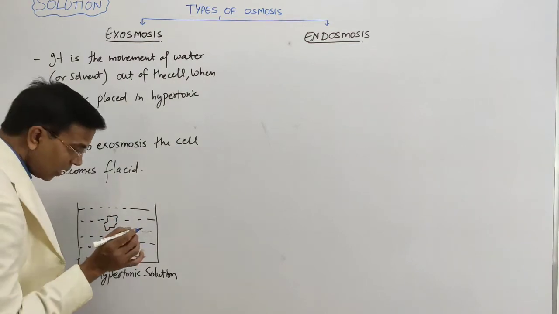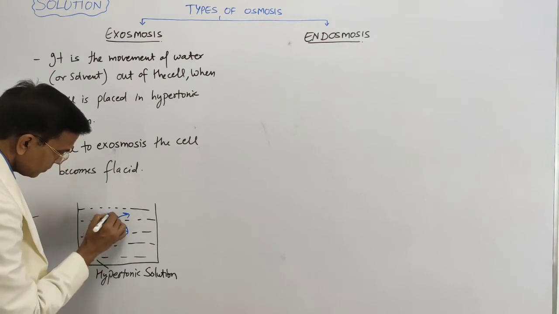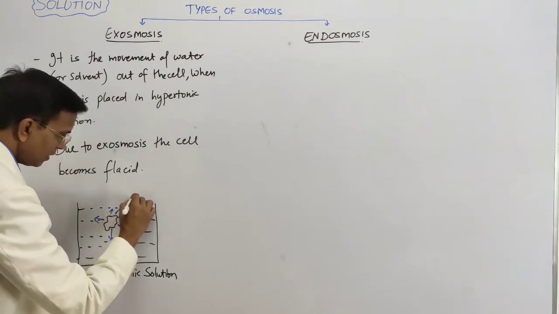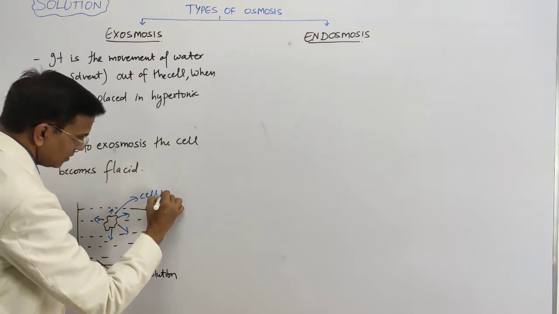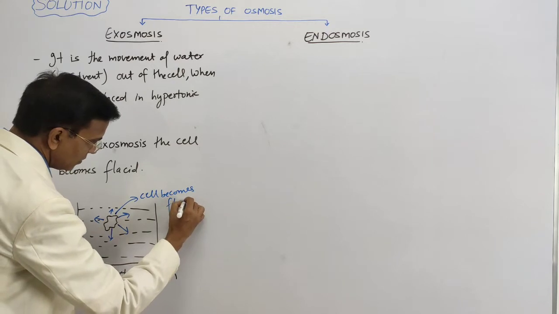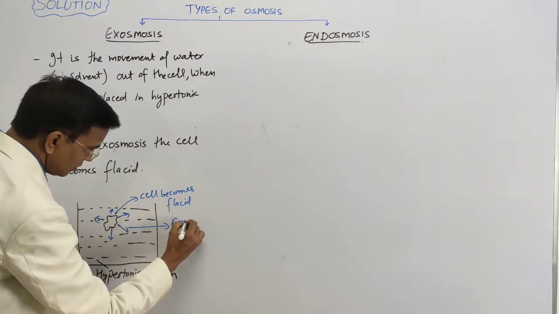So the flow of water is out of the cell into the solution, right? And the cell becomes flaccid. And this is the exosmosis.